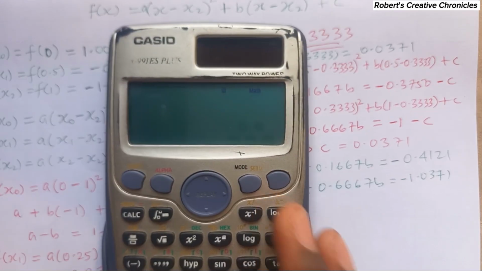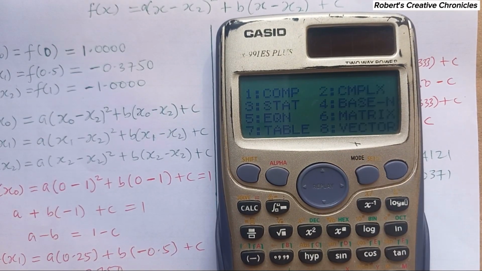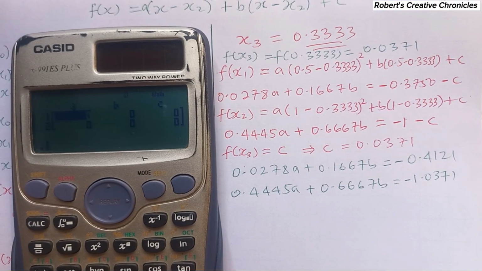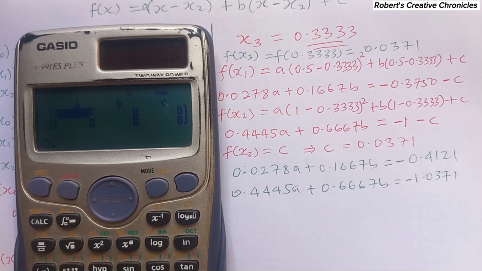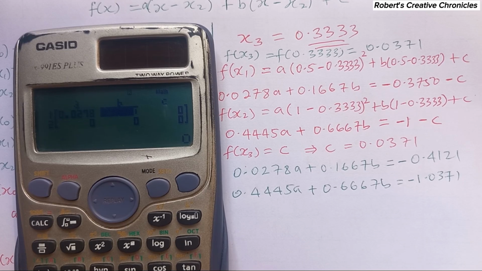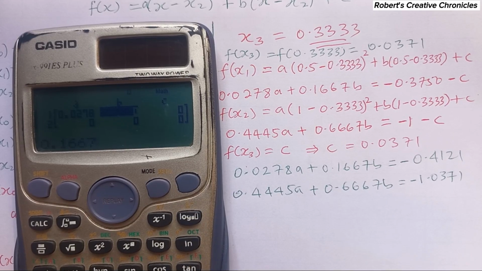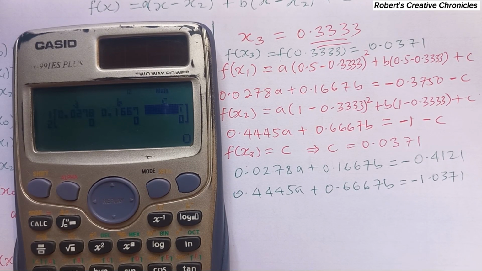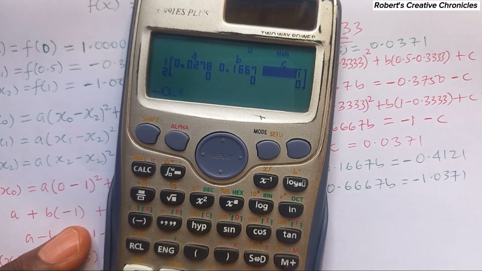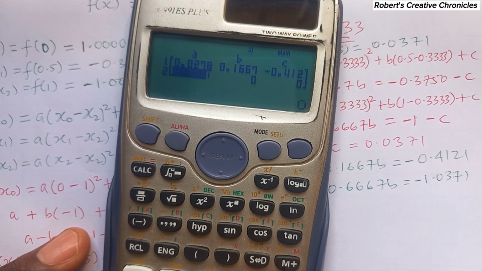So now we can find a and b. So it will be equation. This is 0.0278, 0.1667, minus 0.4121.